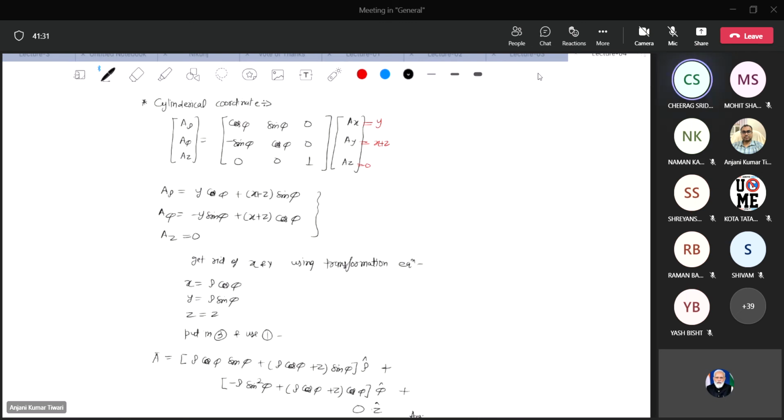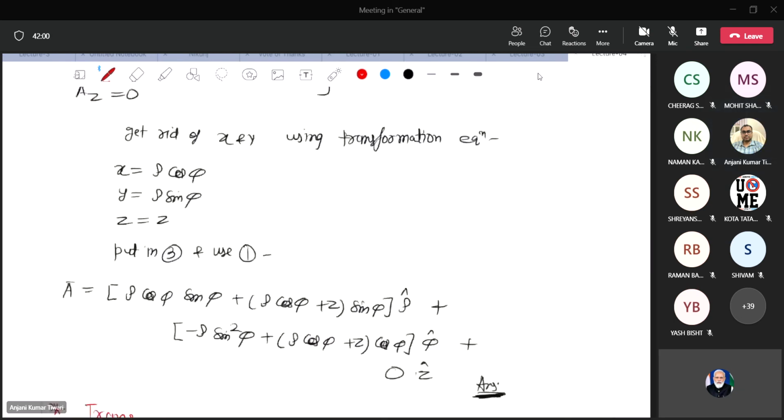Sir, we can also convert a cylindrical into spherical by. Yes, yes, yeah. So let me just write it down. What he has asked is he wants to transform from spherical to cylindrical, right?